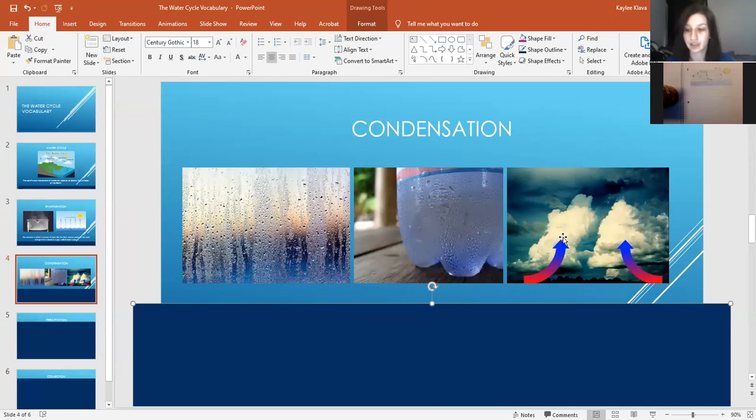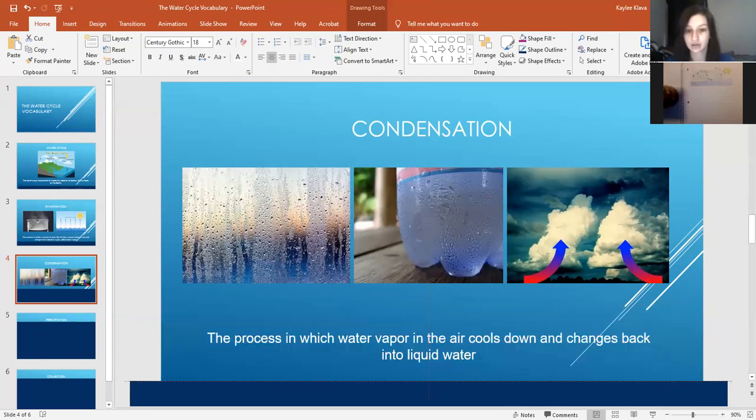Now let's look at it in relation to the water cycle. These arrows indicate that there was warm air down lower and cold air up higher. That's how those clouds are formed. There must have been water vapor before because they condensed into clouds.